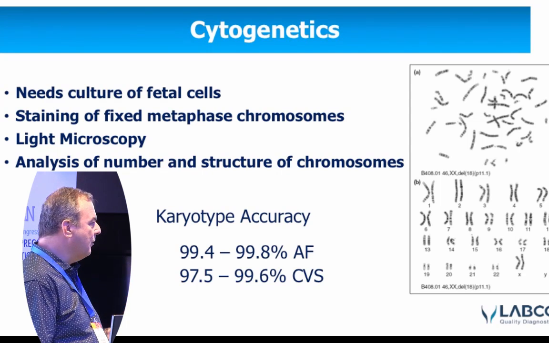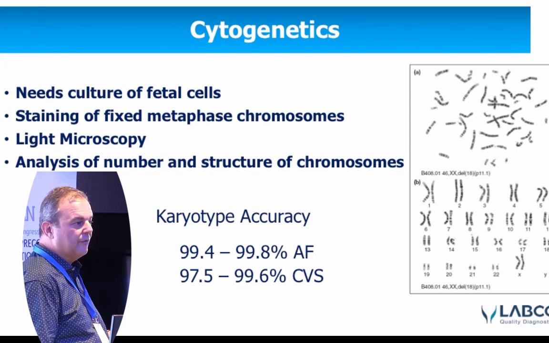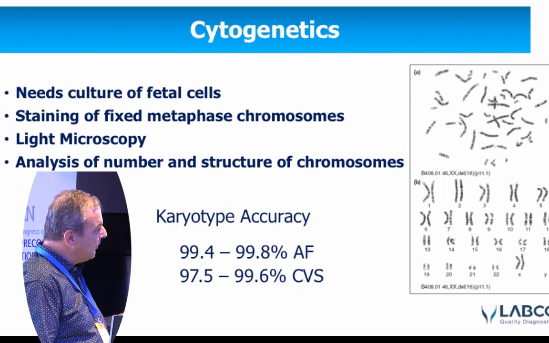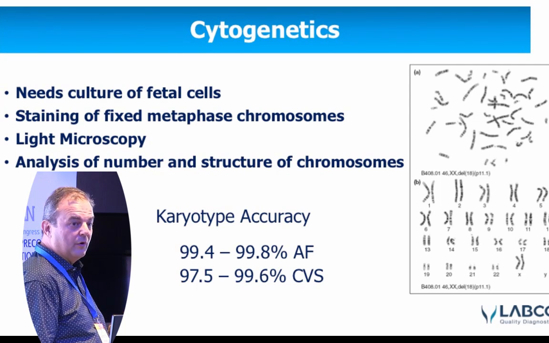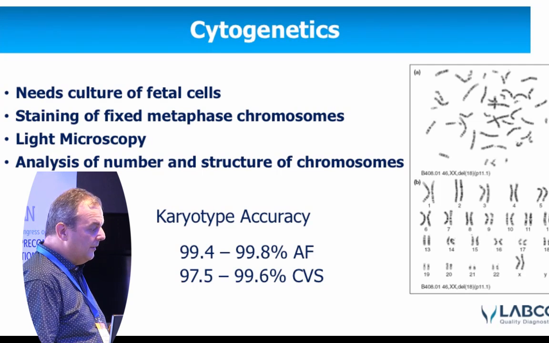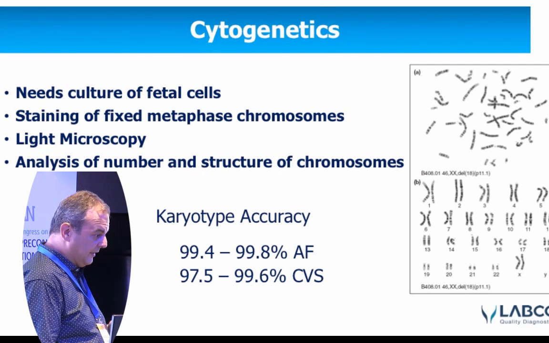Over the years we know that the accuracy of karyotype analysis is extremely high, a little bit less for CVS because of mosaicism, which you will hear more about tomorrow from Francesca.